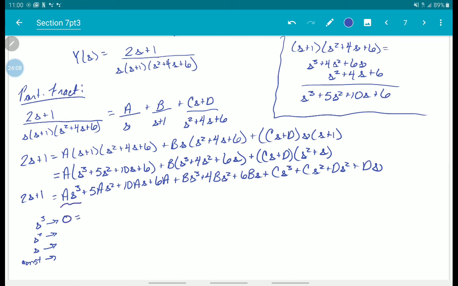On the right we have a plus b plus c. S squared, we have a 0 on the left. We have a 5a on the right, plus 4b, plus c plus d.